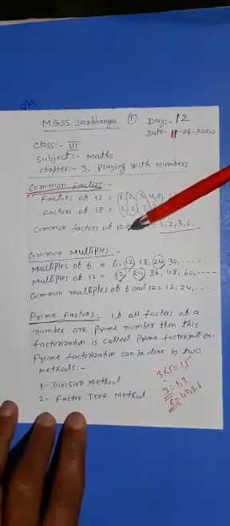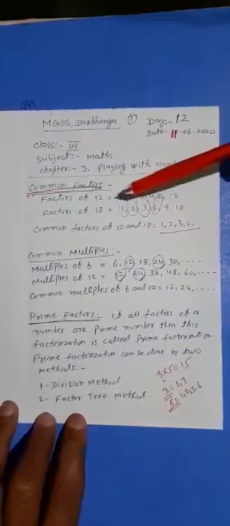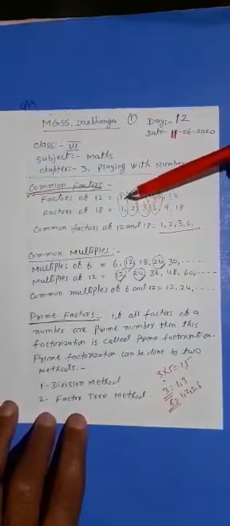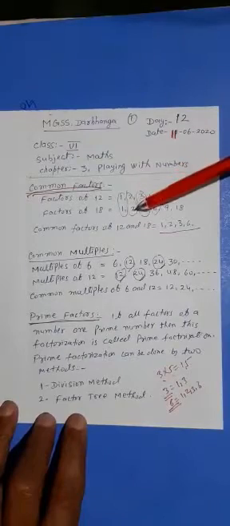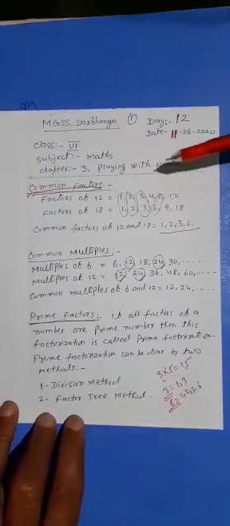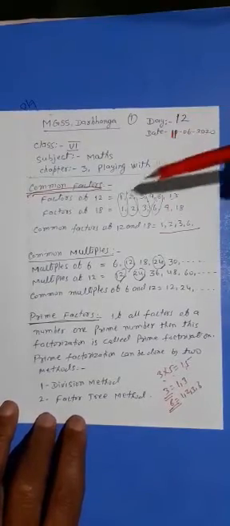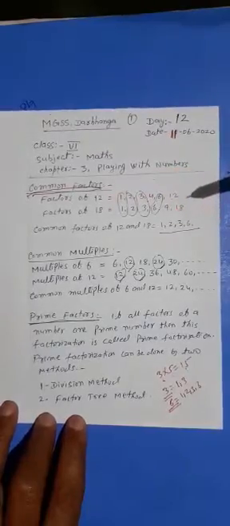Common factors means those factors which are present in the factors of both numbers. We shall see here 1 is present in the factors of both numbers, 2 is present in the factors of both numbers, 3 is also present in the factors of both numbers, and 6 is also present in the factors of both numbers. So common factors of 12 and 18 are 1, 2, 3 and 6.